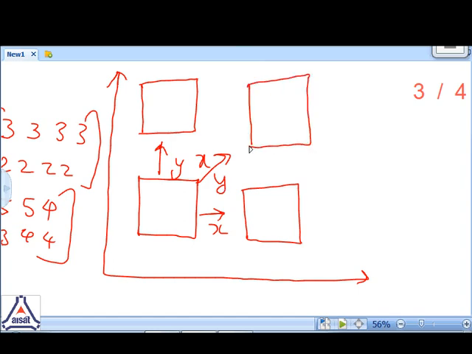That means the rectangle moved both in x and y direction, or simply the rectangle moved at 45 degrees. So this is the basic idea behind the 2D translation. Translation can be of three types: in x direction, in y direction, and both x and y direction.